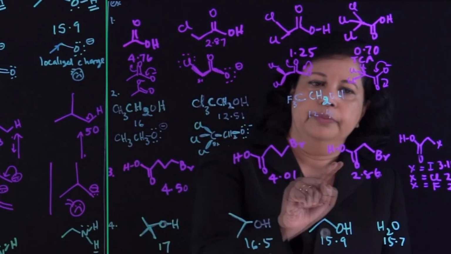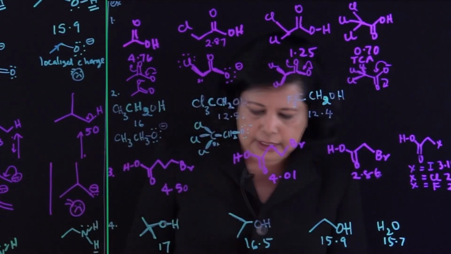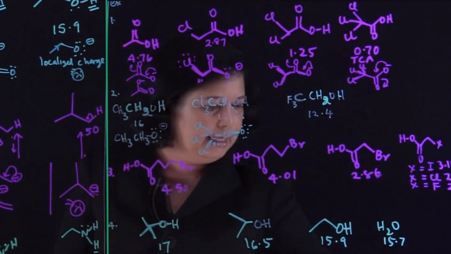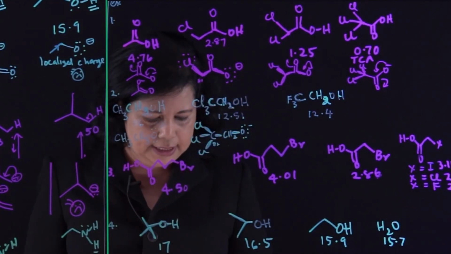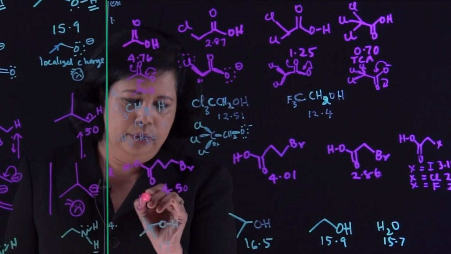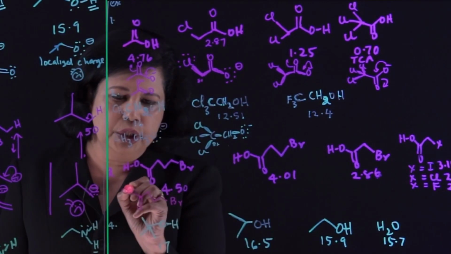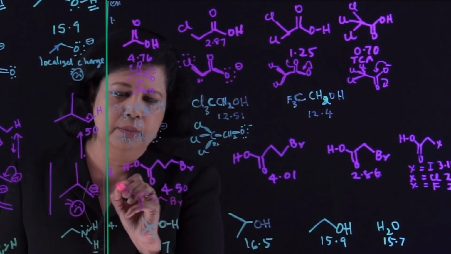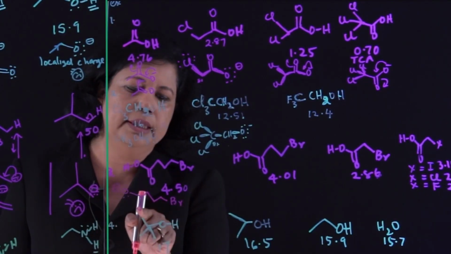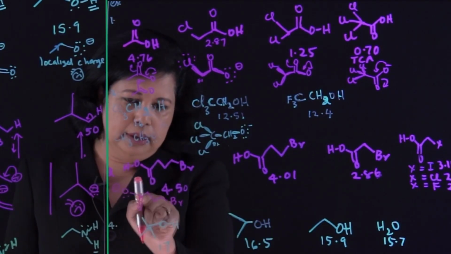Here we have 2. Here we have 1. Why does that matter? Let's draw the anion and see why. Why is it that it makes such a difference when you have so many carbons in between? So over here, when you have a bromine, your oxygen minus, again, this oxygen minus is not just here, but it's 50% here and 50% here, all kind of distributed along this arc here.